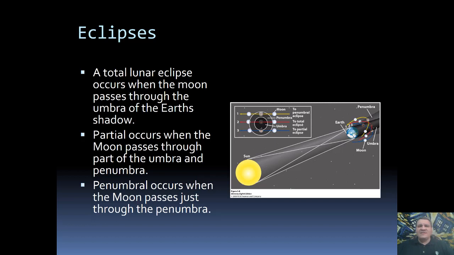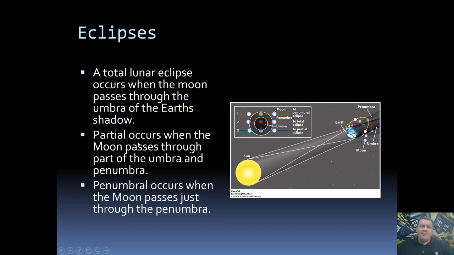The same reason why the sunset is red causes reddish light to pass through the atmosphere and bend, so some of that red light actually strikes the moon. We'll talk exactly why we have red sunsets later, but it's that red light falling on the moon that gives it that reddish color, which is why we sometimes refer to it as a blood moon. Okay, so that was a total lunar eclipse.